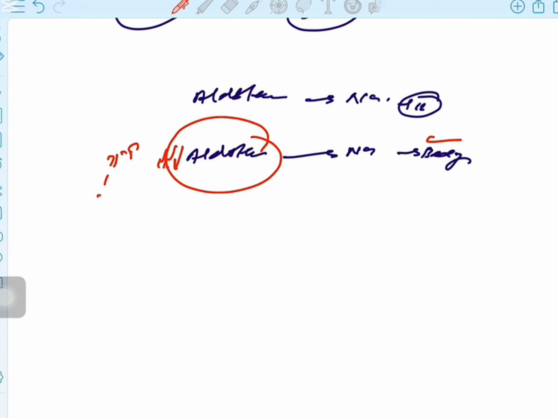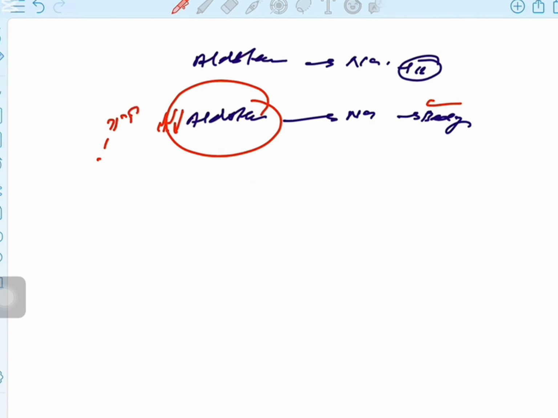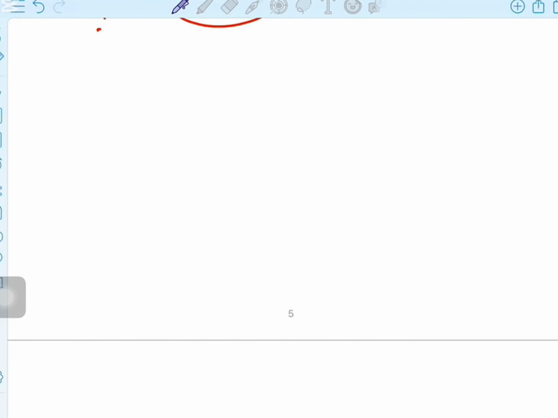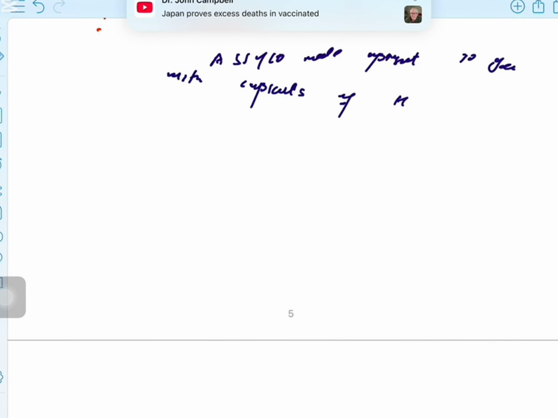I hope everyone who is listening understands each and everything very clearly. So if an examiner asks you a question like this, just take an example. I am giving you an example: if an examiner asks you a question that a 35-year-old male presents to you with complaint of hypertension, number 2, headache.